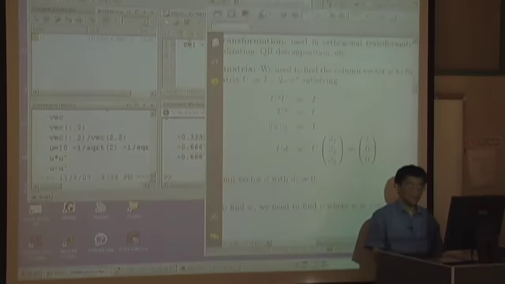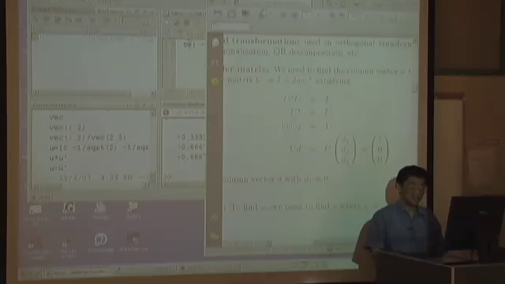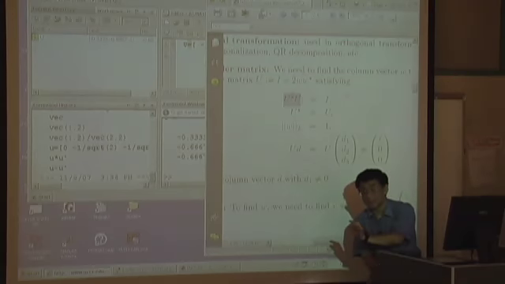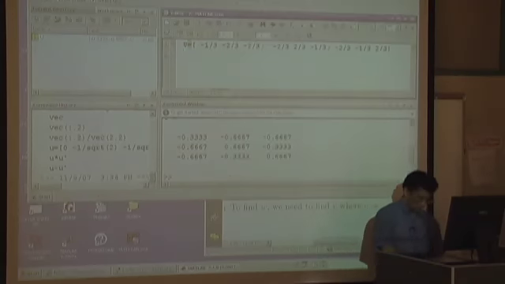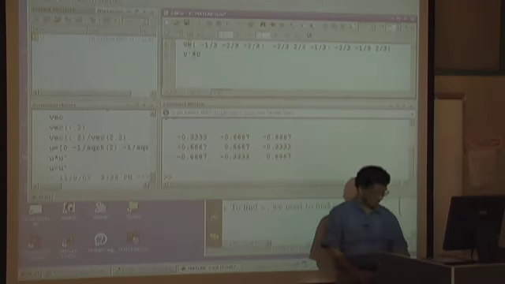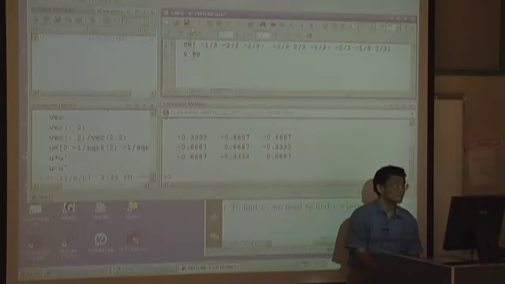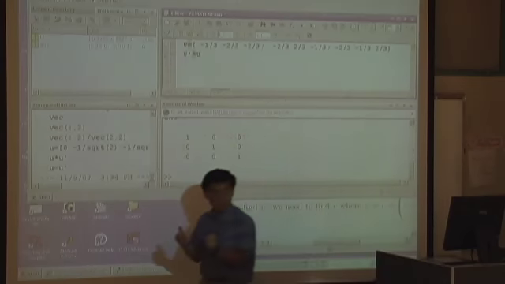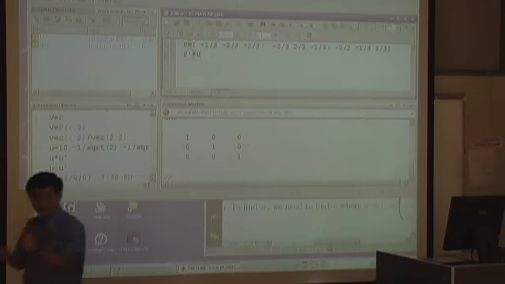The Householder matrix is derived by this thing, and it should satisfy transpose multiplied by itself is identity. So let's do it. U transpose multiplied by U, right? So let's check it. Identity, right? Transpose multiplied by U is an identity.